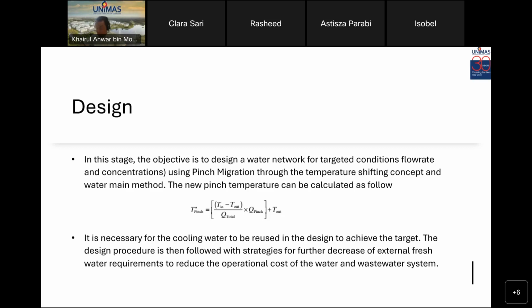So the incorporation of ozone will remove the biofilm that accumulates on the cooling system components, impeding the heat transfer.